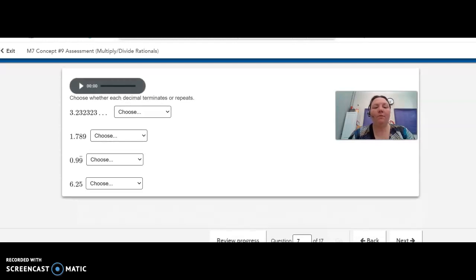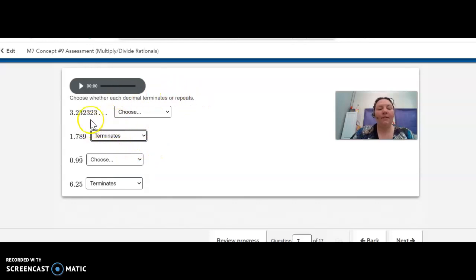Okay. Quick review of some vocabulary that we learned in 6th grade, terminating and repeating decimals. A terminating decimal is one that ends, like 6.25 or 1.789. It comes to an end.